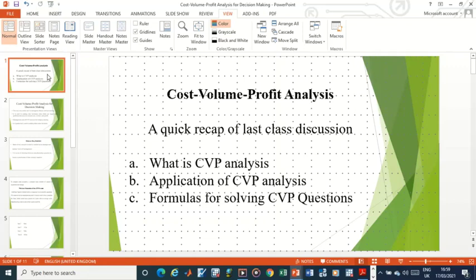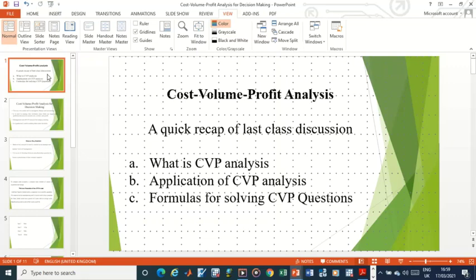Break-even point in sales is fixed cost divided by contribution per sales. Third is contribution to sales ratio. Contribution to sales ratio is calculated by dividing contribution by your sales unit, multiplied by 100.